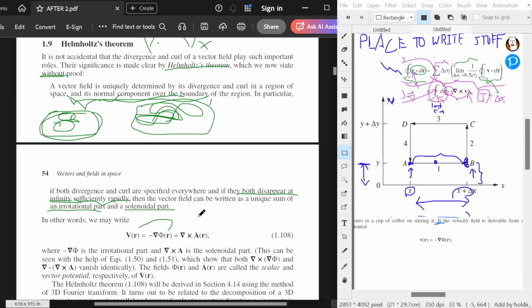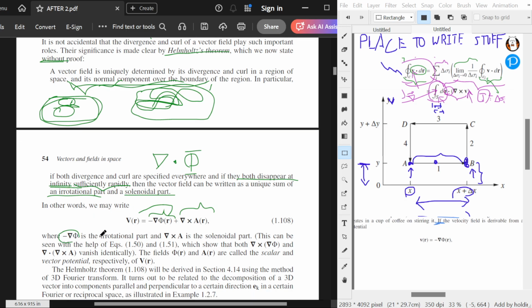the curl, the divergence. This is the curl. Is this the divergence? Isn't divergence the dot product of the gradient vector and whatever? Where this is the irrotational part, and this is the solenoidal part.